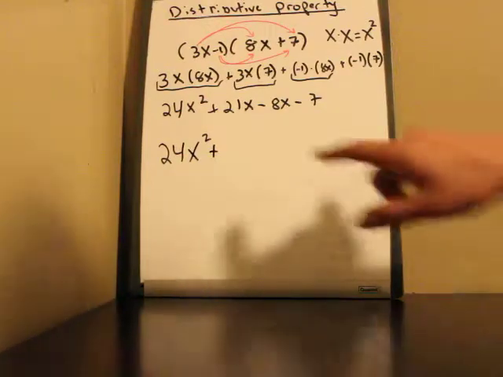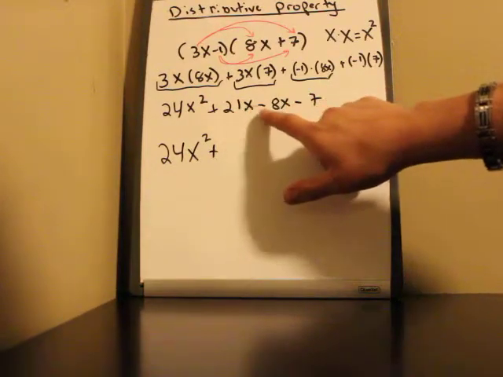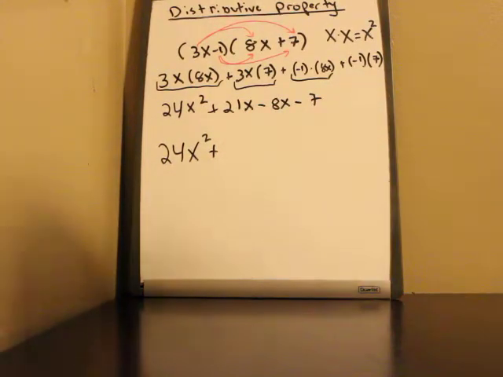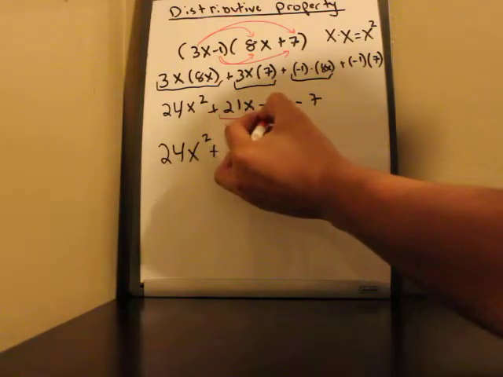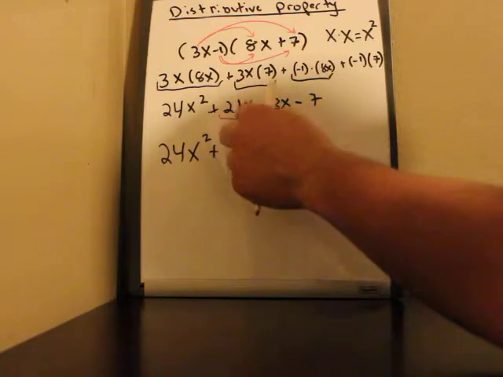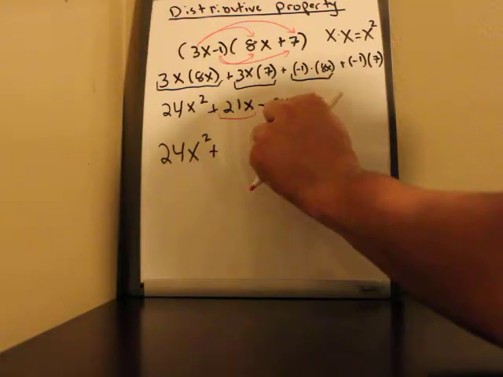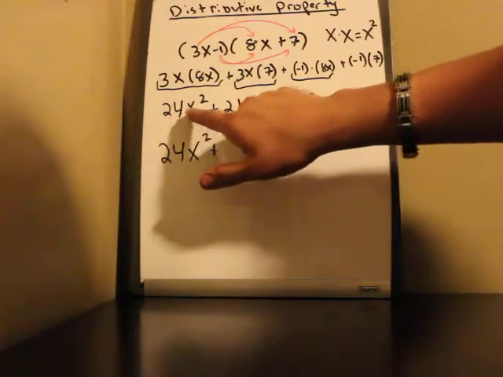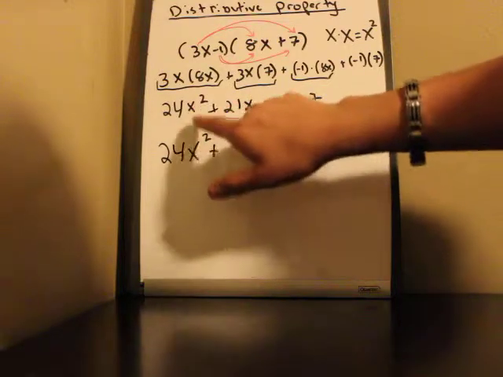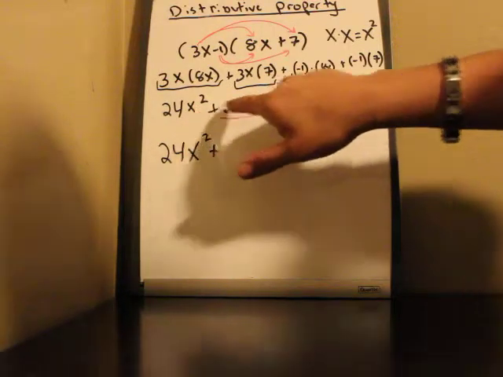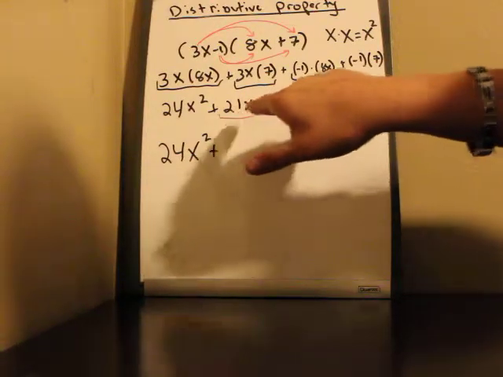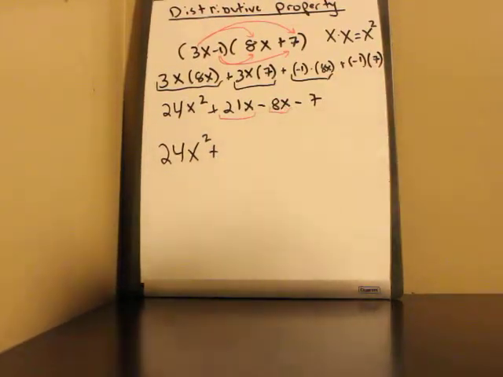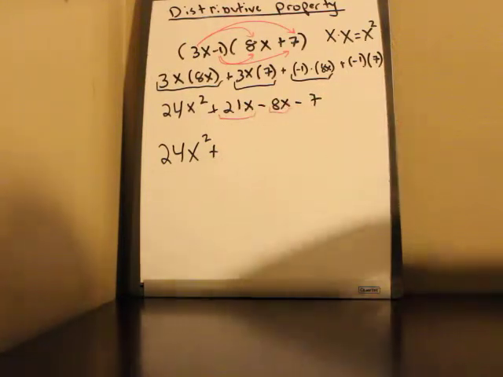Okay. Here we have 21x minus 8x. Do you see how these two numbers right here are very similar to each other? They are like terms. Both numbers are being multiplied by an x. Over here, 24 was being multiplied by x squared. Because it's x squared, there's no other terms that we can simplify that with. But here we have 21x minus 8x, which is 13x.